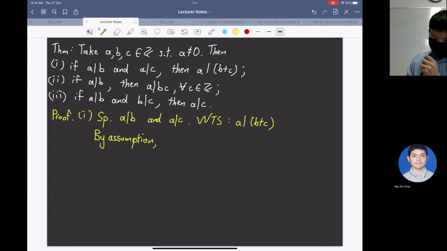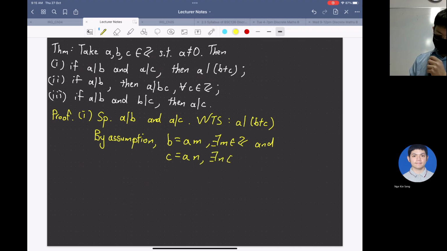A divides B means B equals A times some integer. Because we have C in the assumption, let's call it M. So some integer M multiplied by A equals B, and C equals A times another integer, N, by the definition of divisibility.